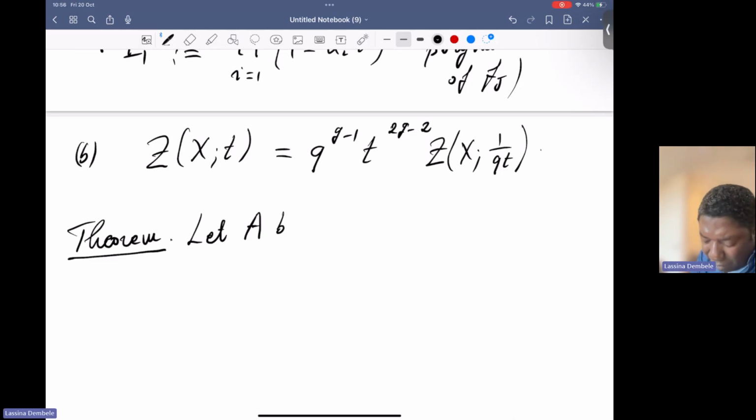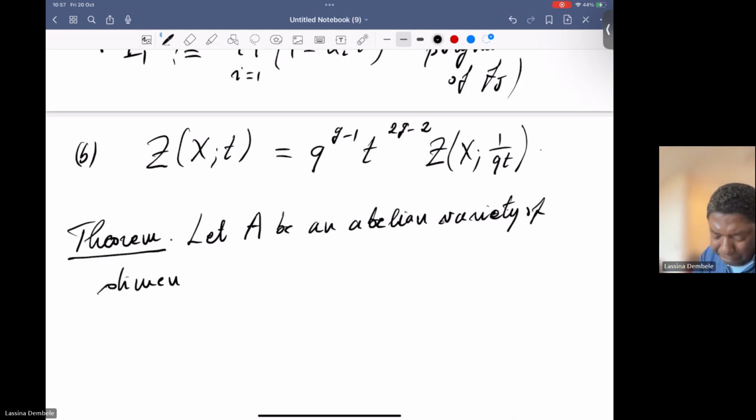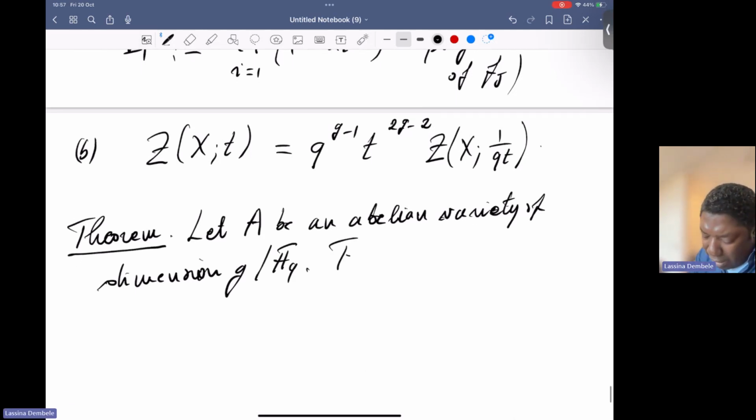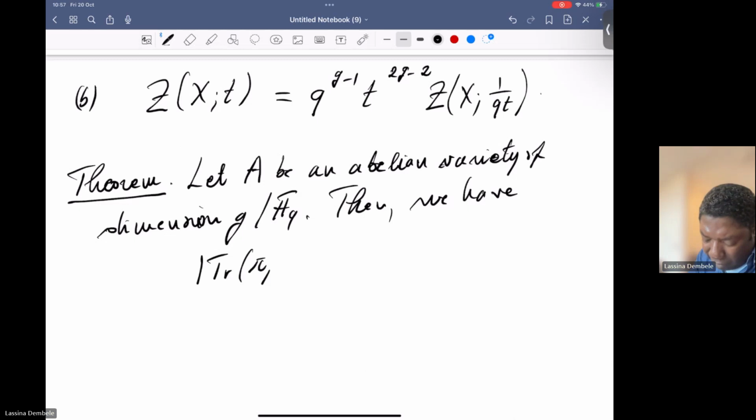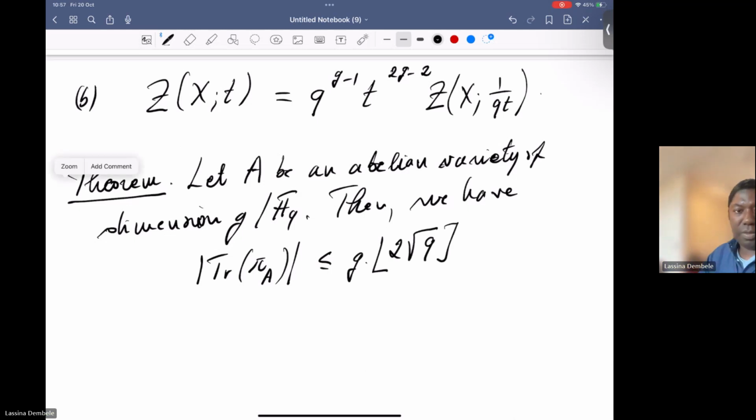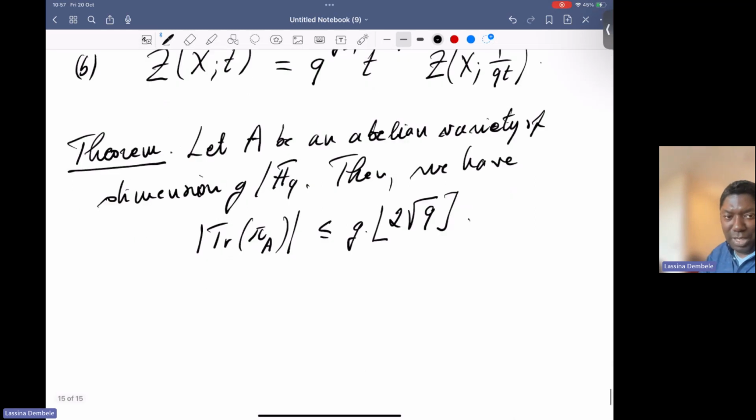If A is an Abelian variety of dimension g over Fq, then you have the following estimate for the trace of Frobenius: its absolute value is less than or equal to g times the floor of 2 square root q.